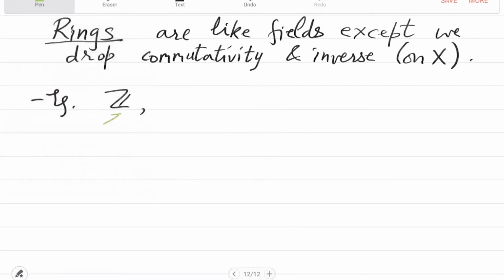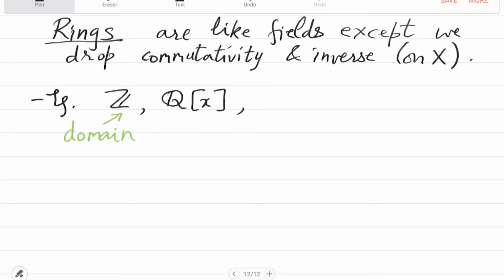There are worse rings possible. So another example is when you look at polynomials. You can look at polynomials over integers, or over Q or real or complex. So polynomials always form a ring, because polynomials you can always add and multiply, and as long as the base ring is good, you will even have commutativity of multiplication.